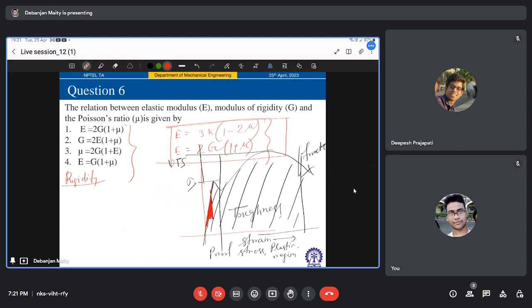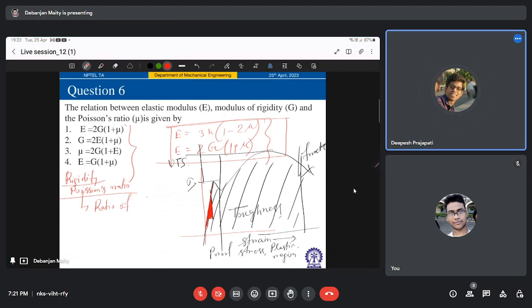And then you have Poisson's ratio, right? So what is Poisson's ratio? Can you tell me? Lateral strain by longitudinal strain.